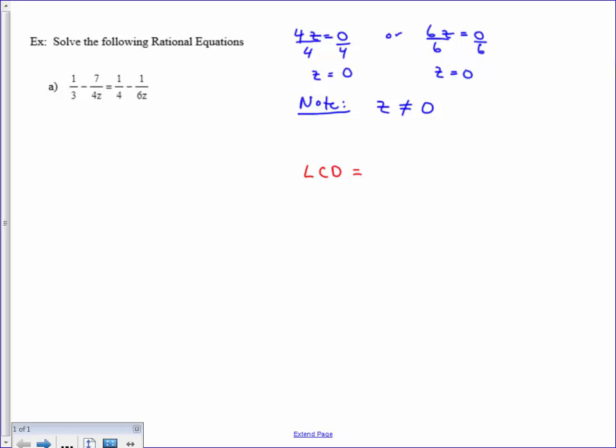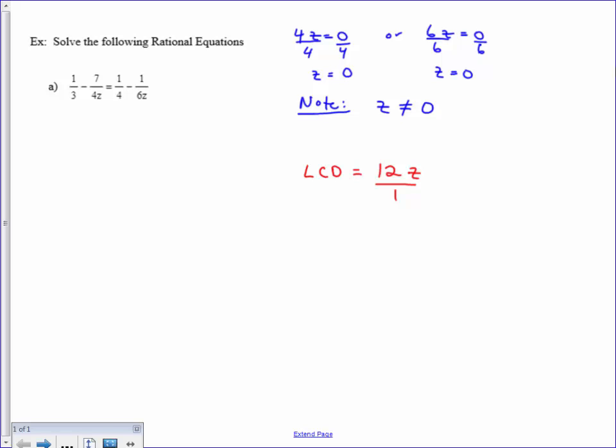So if we think about the numbers 3, 4, and 6, then the LCD between 3, 4, and 6 is 12. Then with the variables, when I have variables that are just multiplied like these, then I would basically take the largest power of the variable that I have. Well, both of these are understood z to the firsts, so I would just take z. So 12z is my LCD.